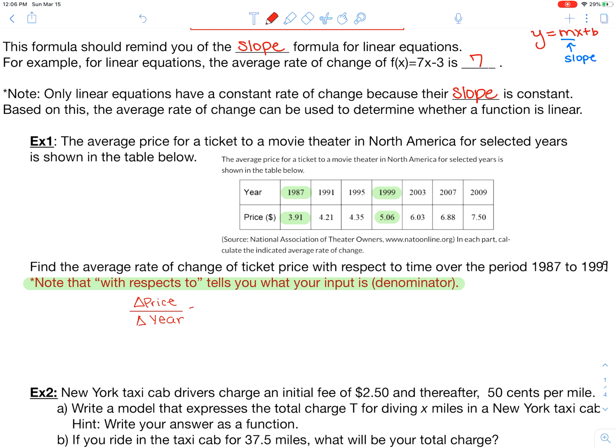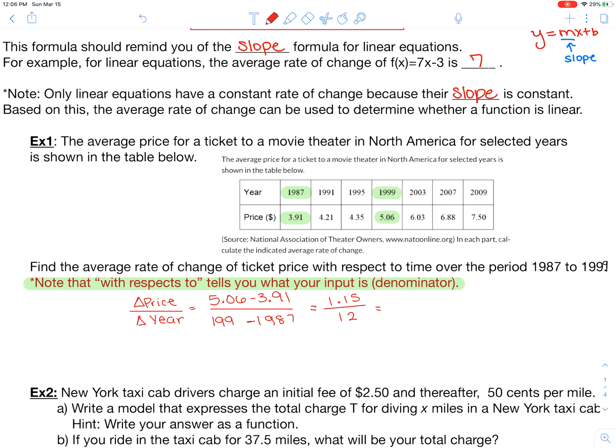So we have 5.06 minus 3.91, our output, all over 1999 minus 1987. And that gives us 1.15 divided by 12.